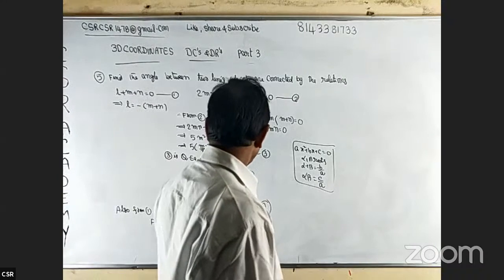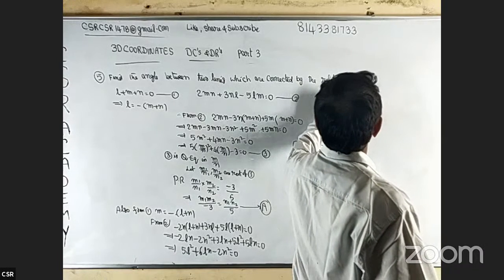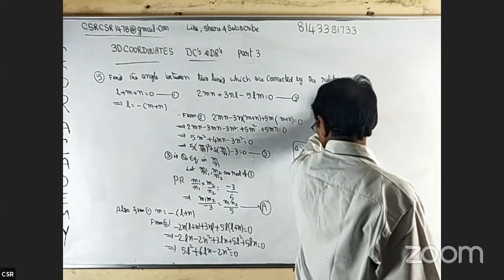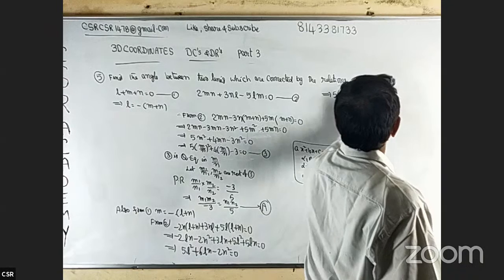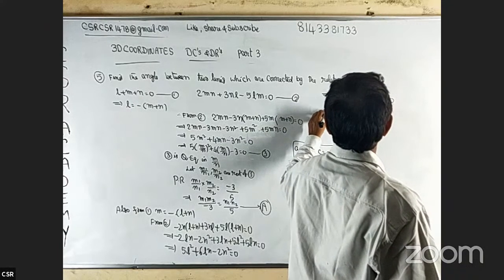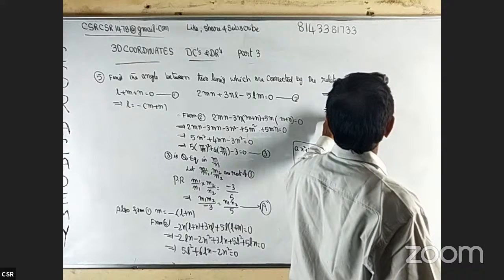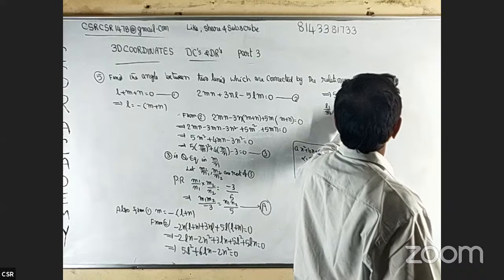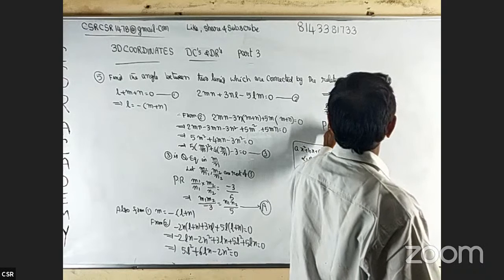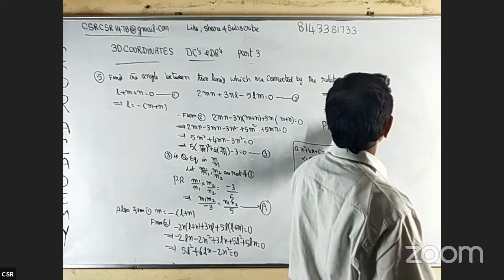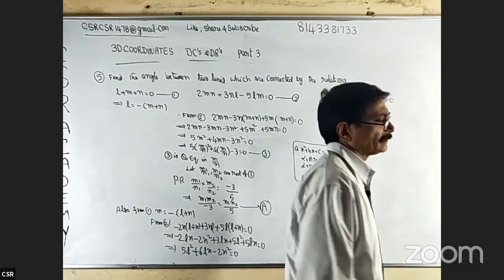Now here also dividing with n square, that implies 5 (l by n) whole square plus 6 (l by n) minus 2 is equal to 0. l1 by n1, l2 by n2 are roots of this equation. So the product of roots l1 by n1 into l2 by n2 is c by a.